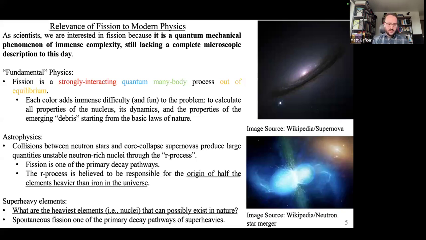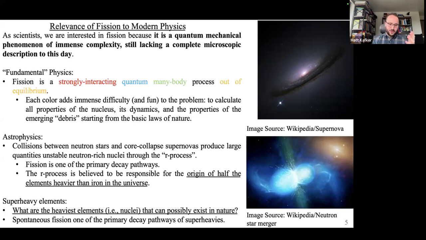And then there's also a study, which is somewhat related but distinct, of super heavy elements and the synthesis of super heavy elements, where the fundamental scientific question is, what are the heaviest elements, which is to say nuclei, that can possibly exist in nature? There are a number of experimental groups all over the world.